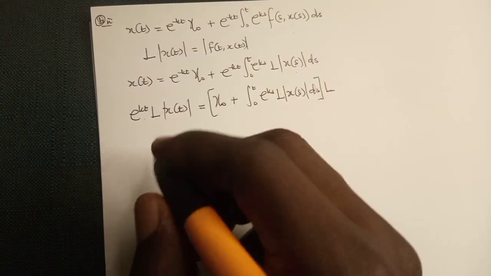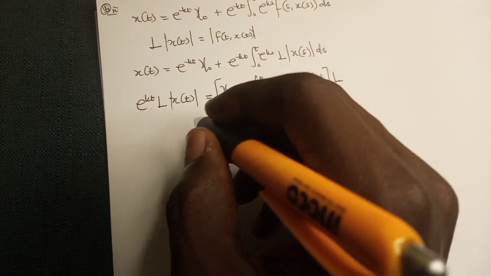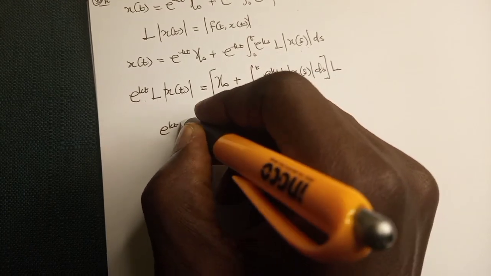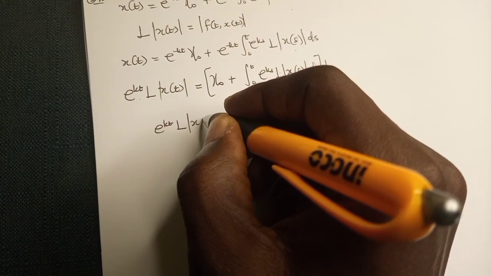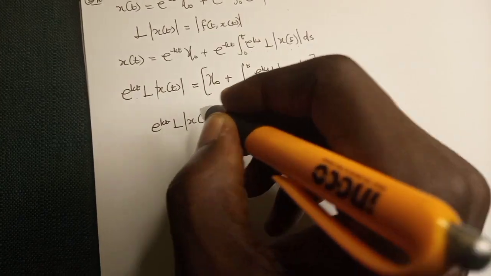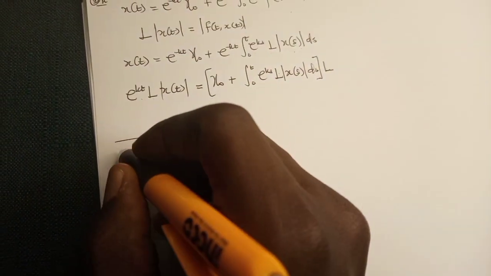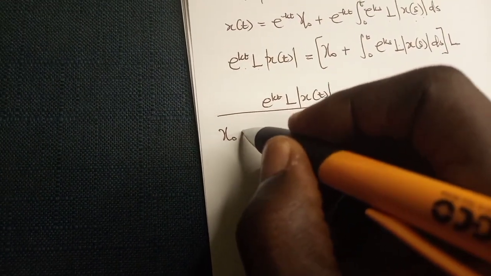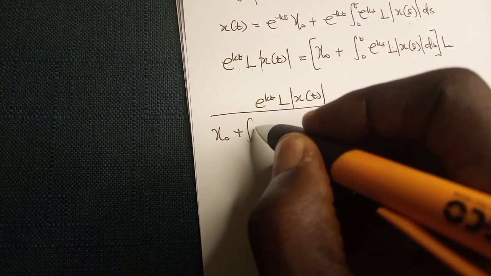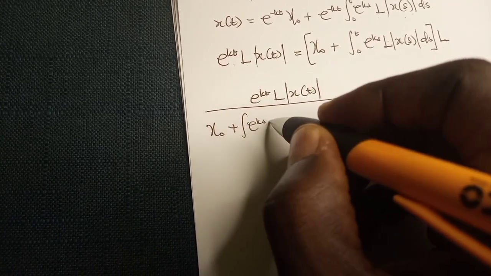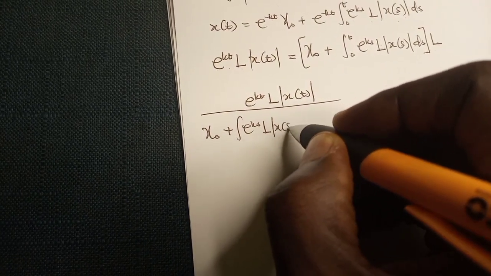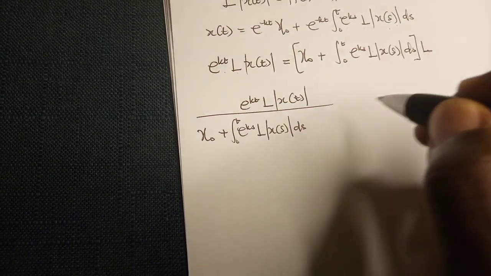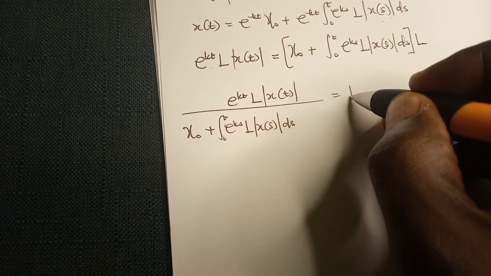So we'll be having e to the kt L |x(t)|, all divided by x naught plus the integral from 0 to t of e to the ks L x(s) ds, then equals L.